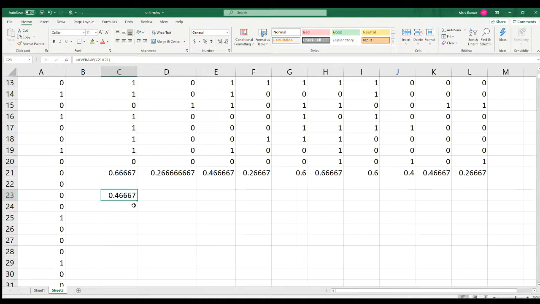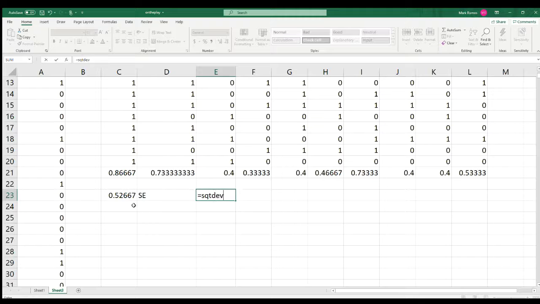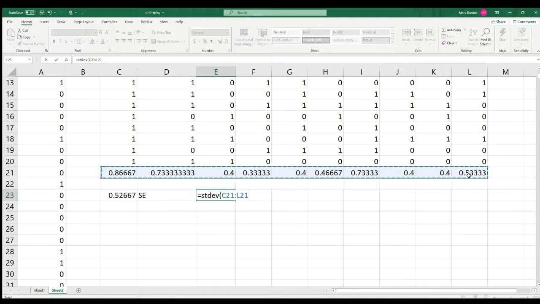Okay, so the formula is different. We will need the standard deviation. So we still need the standard error for the estimate. So that's going to be the standard deviation of these numbers divided by the square root of the sample size.